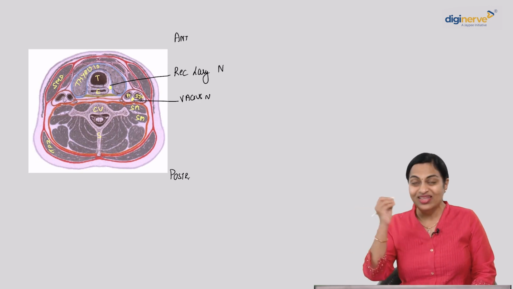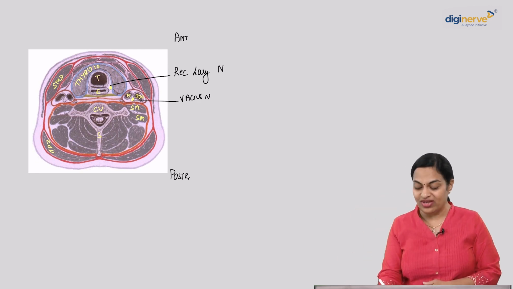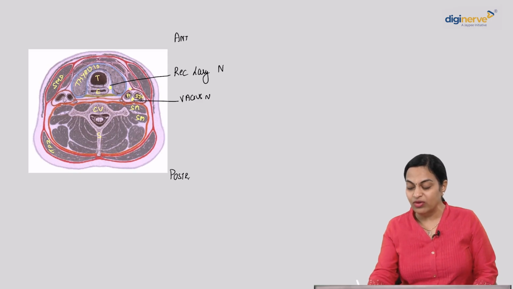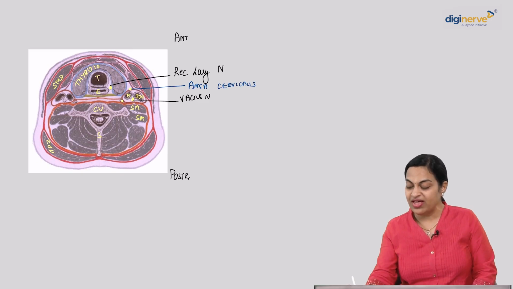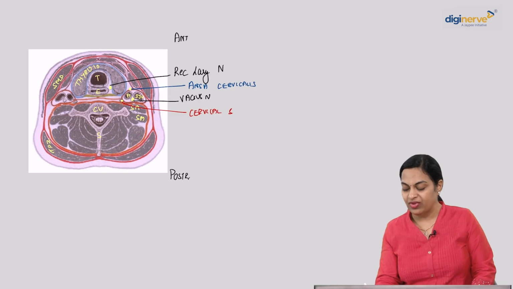And in the anterior wall of the carotid sheath, the nerve loop that we see there will be the ansa cervicalis. And what lies behind the carotid sheath? The cervical part of the sympathetic trunk. Am I right? Yeah.